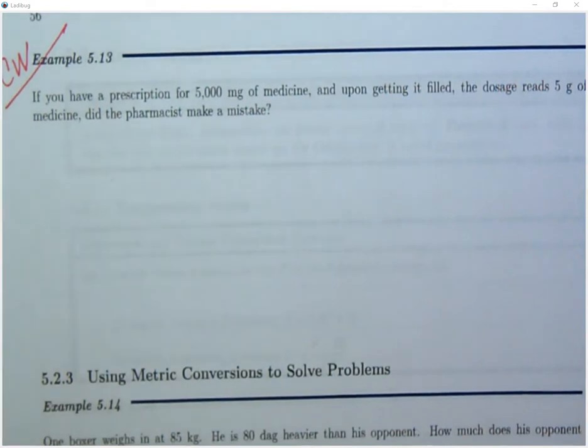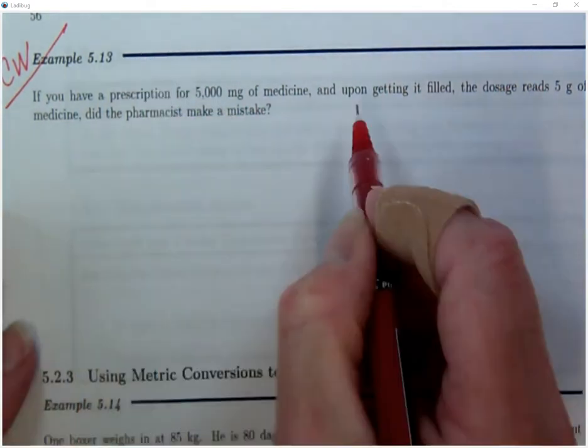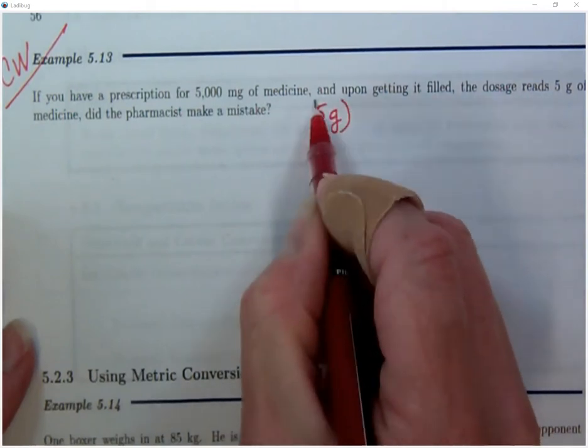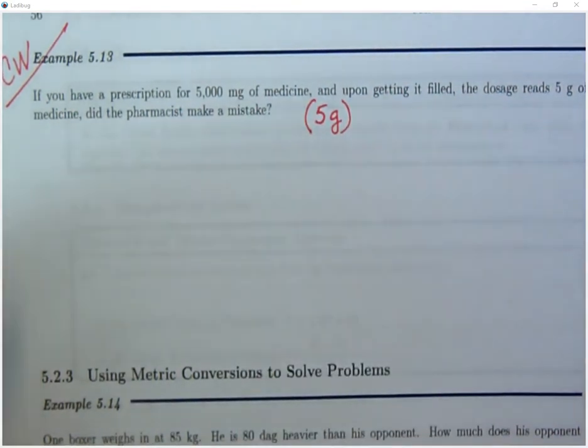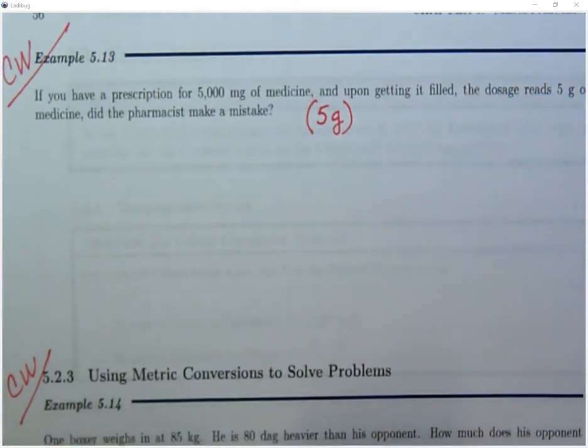The answer for that is going to be 5 grams. So I'll just write that over here. So try that one out, see how it goes. Also think this one is not too much.